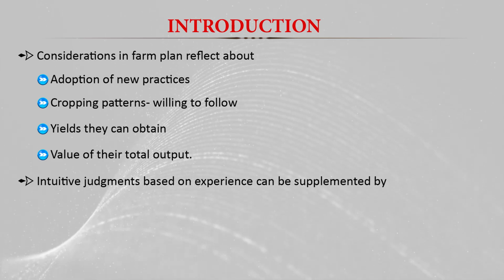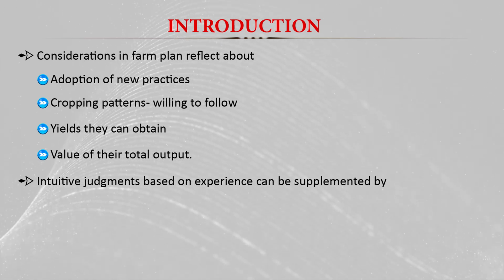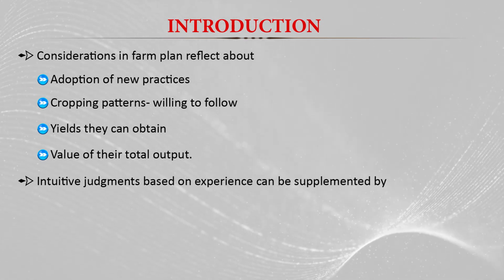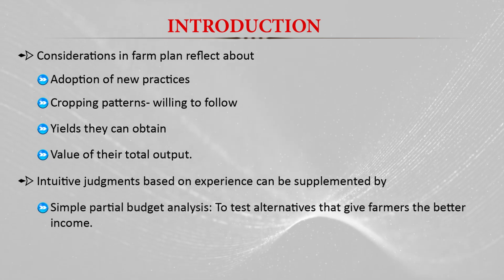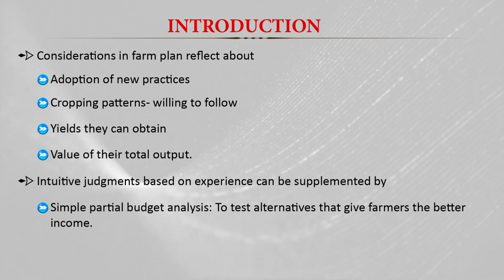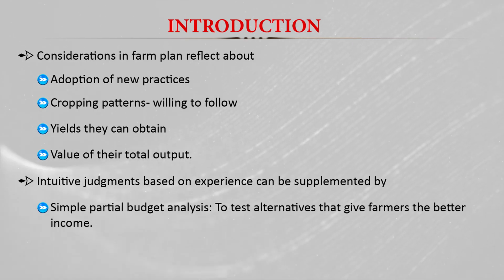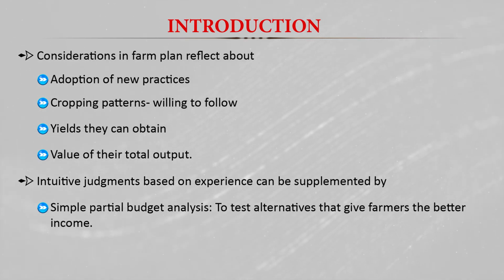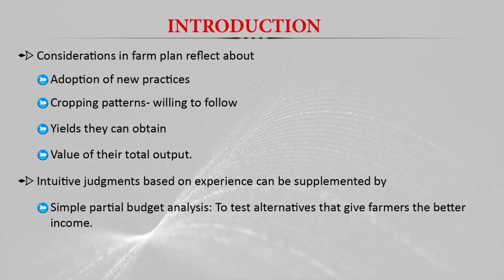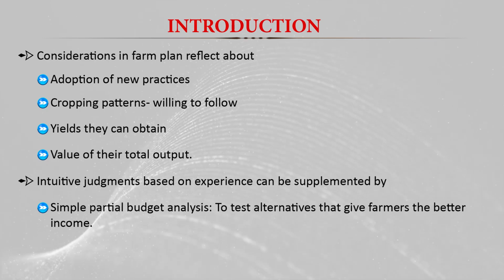Here the intuitive judgment of the farmer, based on his or her experience, can be supplemented when we prepare the farm plan. We can use partial budgeting techniques, and through this partial budgeting analysis we can test the alternatives available to the farmers, and the farmers can adopt them for better income from the farming activity.